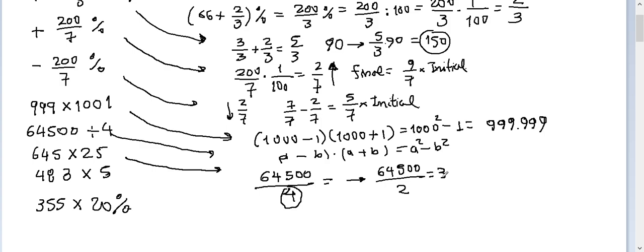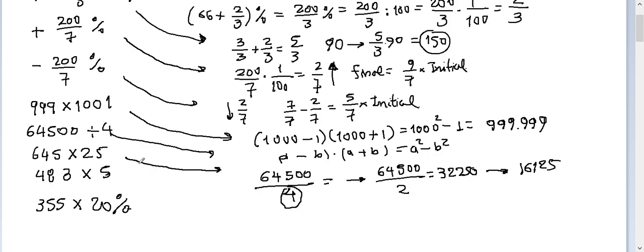Easily this is 250. And then divide this one by 2 also. So it's 16,125. Okay, so divide by 4 means divide 2 times by 2.